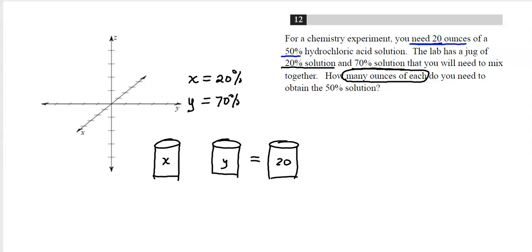Now when I think about strengths, the x is 20% alcohol. The y is 70% alcohol. And then the 20 over here is 50%. And just like I multiplied 0.20 times x, 0.70 times y, this 0.50 has got to get multiplied by the total amount, by x plus y, which was just 20.